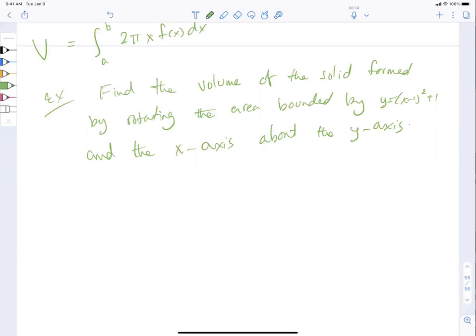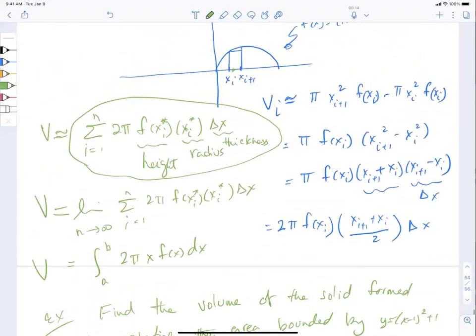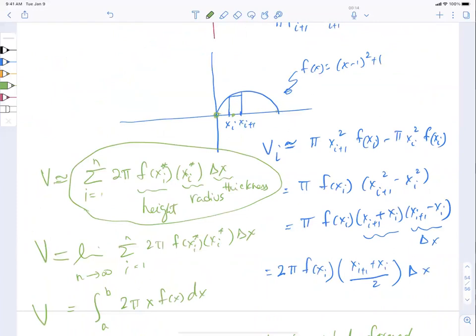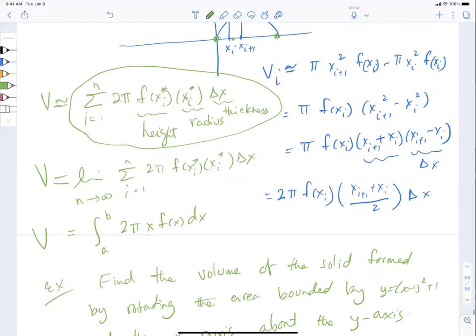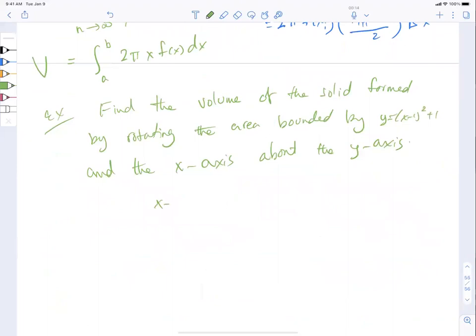First, you have to figure out where the function cuts the x-axis, because those are your bounds. So I let negative (x minus 1) squared plus 1 equal 0, because your y is 0 at those places.